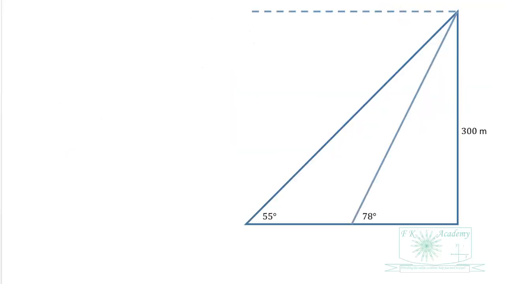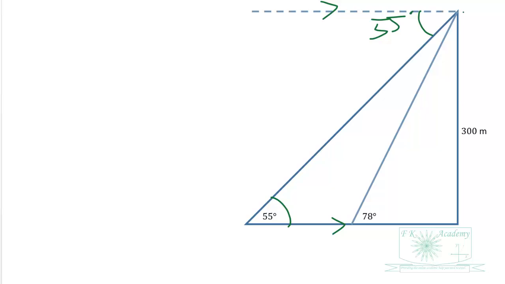Great. So if the diagram is like this, then this is what we can do. The observer is here, and the angle of depression to the first bed is 55 degrees. That is by the alternate angles property of parallel lines. Remember, this line is parallel to this line. We have this to be 55 degrees as well.